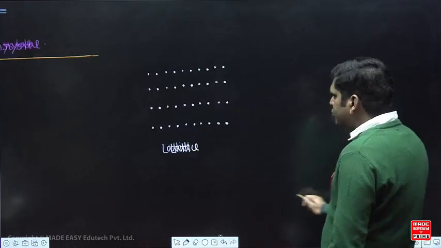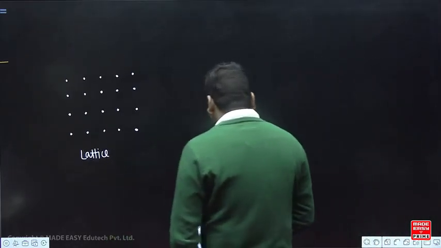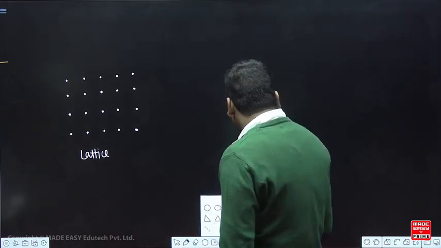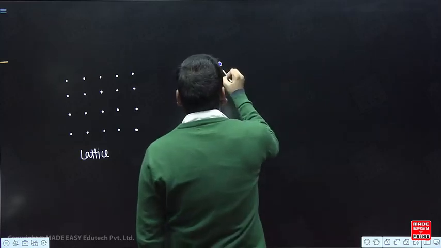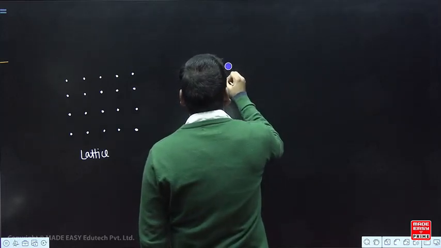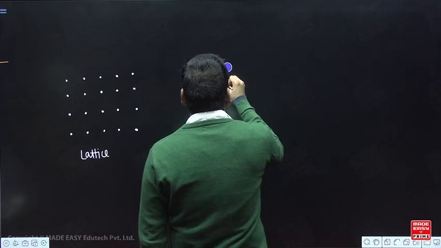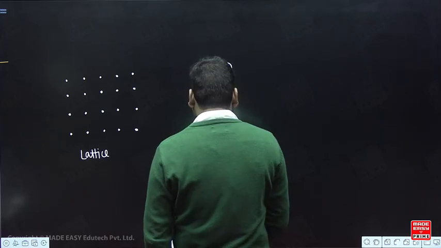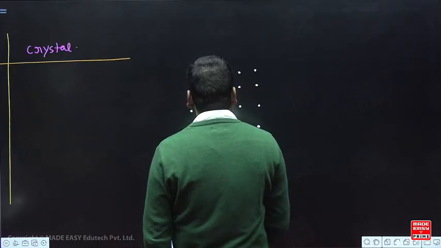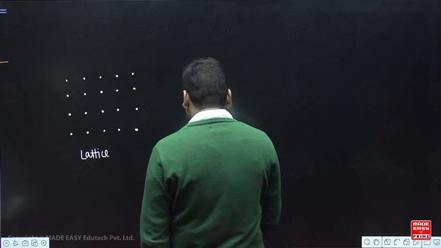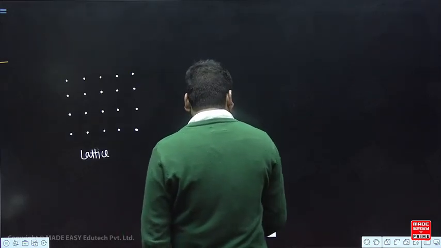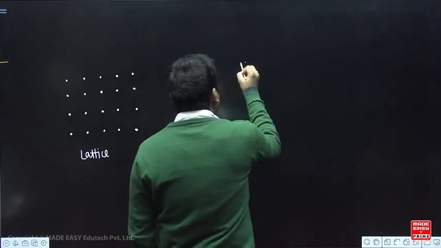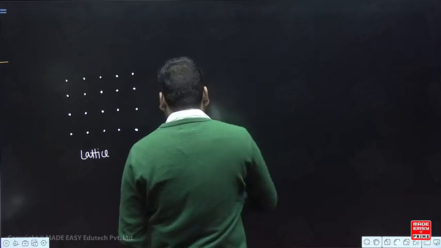Let us suppose corresponding to each point you arrange one atom or group of atoms. With respect to each point you arranged an atom. So we arranged atoms with respect to each point. One atom, I am showing it by a different color.